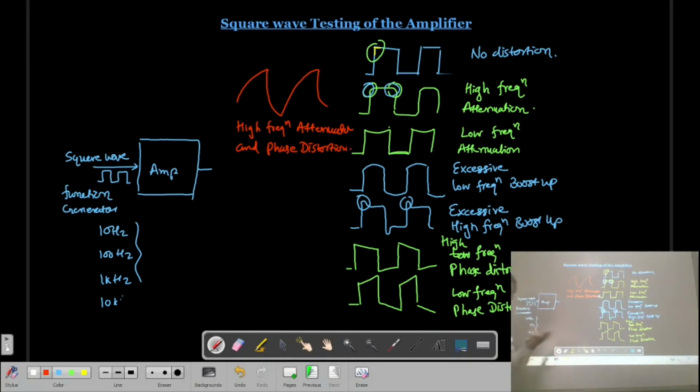So the phase distortion is also large, and the high frequency response of the amplifier is also poor. Then you will find this kind of a triangle wave in the output of the amplifier.